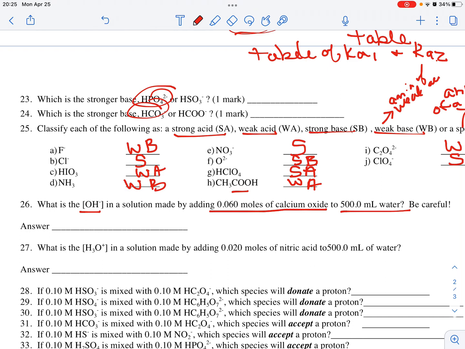I do tell you to be careful. So I'm going to write down my dissociations for each one of these. Calcium oxide will dissociate into calcium and oxygen.